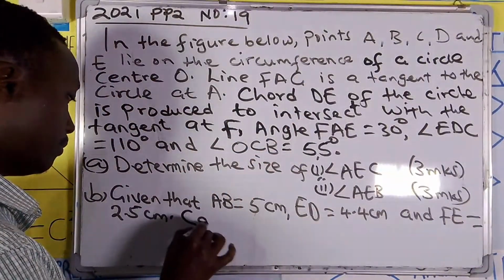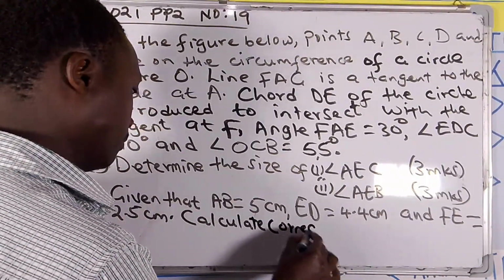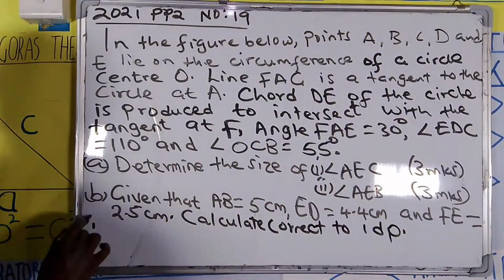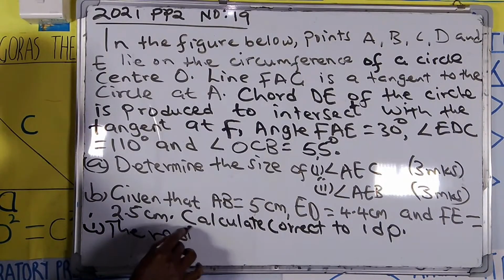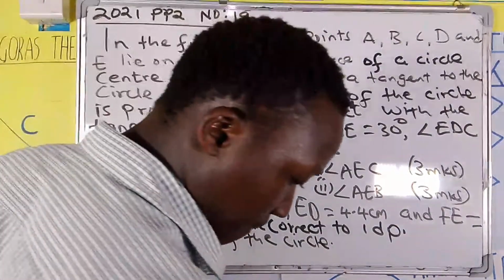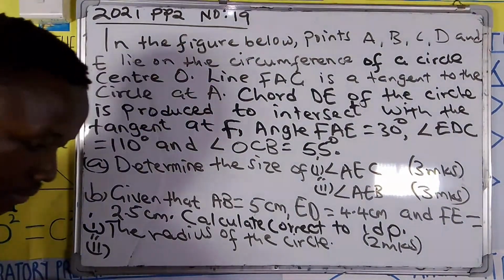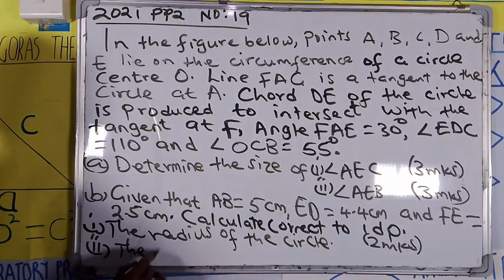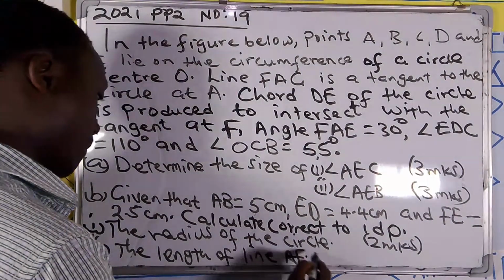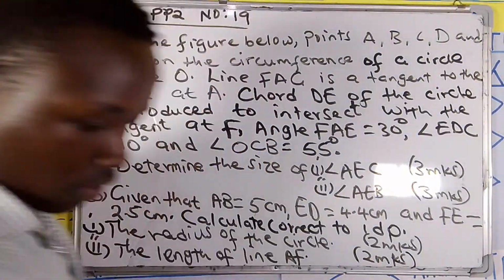Calculate, correct to 1 decimal place, the radius of the circle. Two marks. And Roman 2, the length of line AF. The length of line AF, 2 marks.